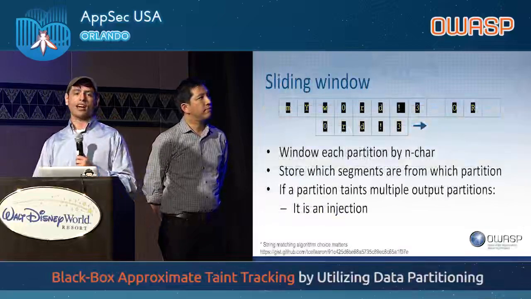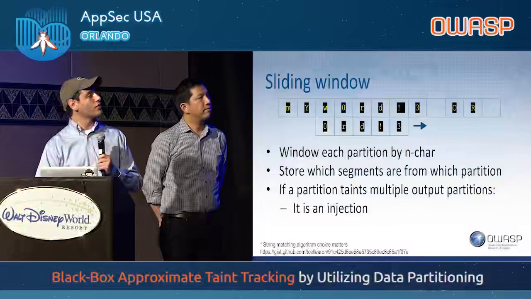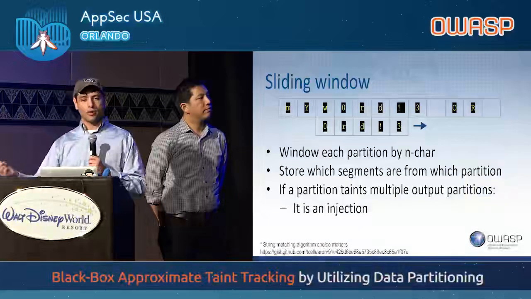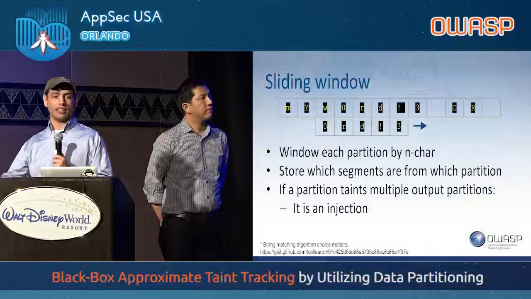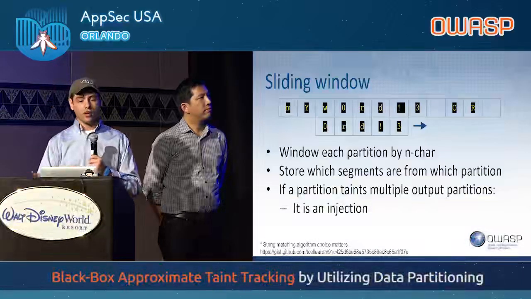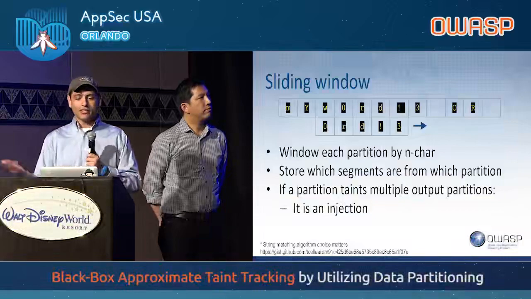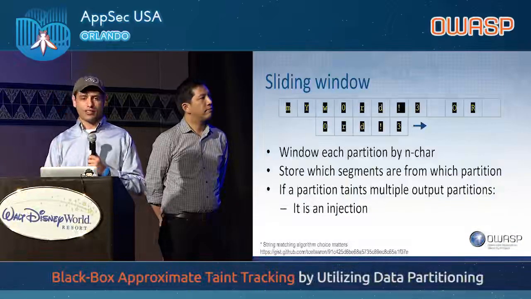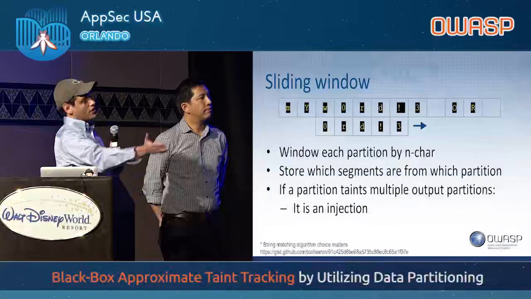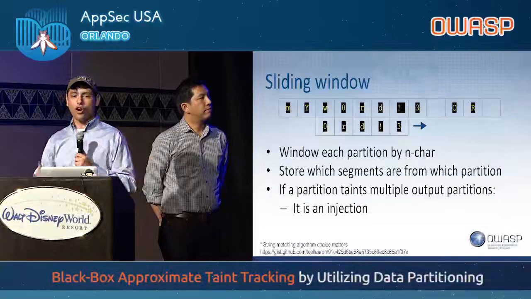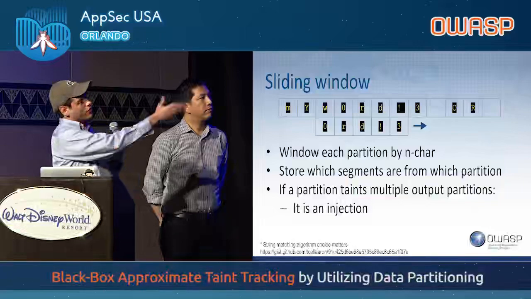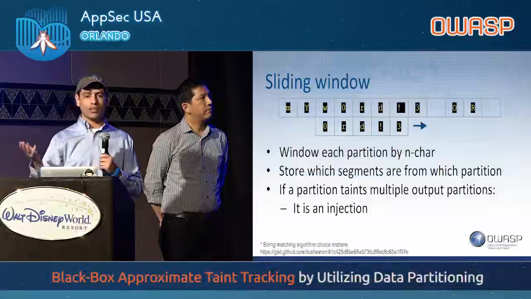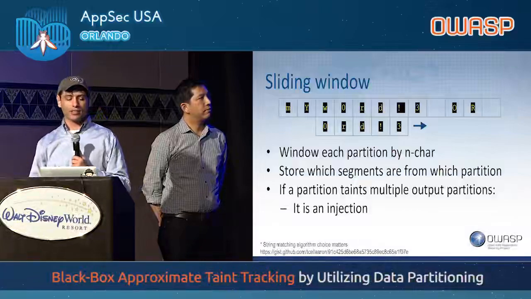Once I have the data, I've come up with this question of, can we tell which parts of the outgoing data came from the incoming data? And the easiest way to approximate that is, is it the same data? I can take some particular segment size and split my strings into that segment and say, okay, are there any of these little 5-character long chunks of my input data actually showing up in my output data in the segments?